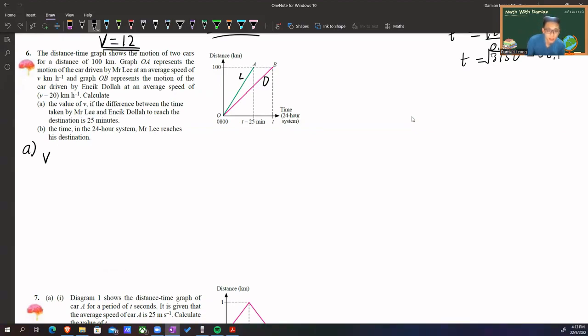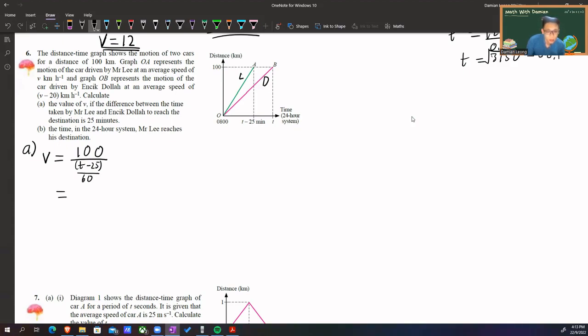Average speed for Mr. Lee is V, and average speed is total distance traveled over total time taken. Time taken is T minus 25 minutes, but this is in minutes, and it should be in hours. So I have to divide by 60 to change to hours.